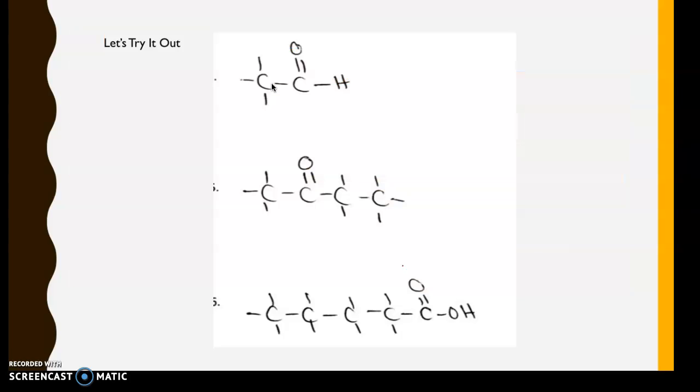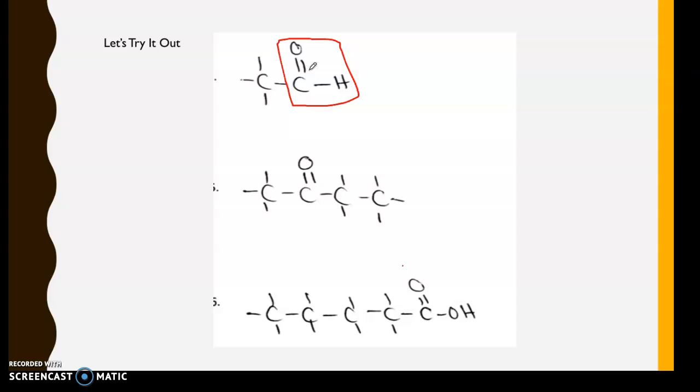All right, so let's go ahead and see what type of functional group is attached right here. I'm going to look at the overall structure and I see here, right? That is what makes a difference. Always ask yourself, what makes it different from a regular hydrocarbon? That's what stands out.